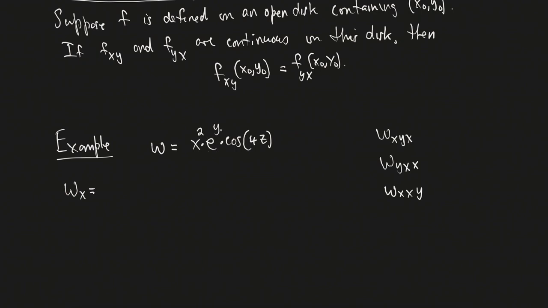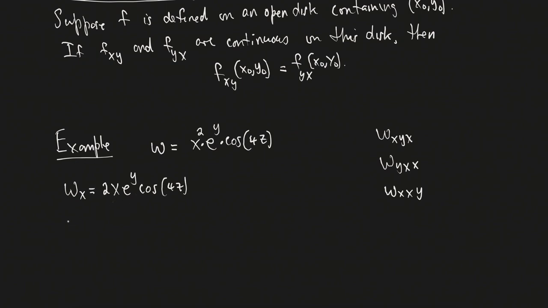So anyway, let's differentiate this with respect to x. I get to treat the e to the y and the cosine of 4z as constants. Differentiating the x squared gives me 2x e to the y cosine of 4z. Now let's take this and differentiate with respect to y. That's the e to the y term. The 2x and the cosine of 4z are constant multiples that will come down.